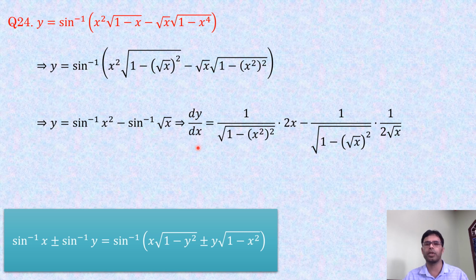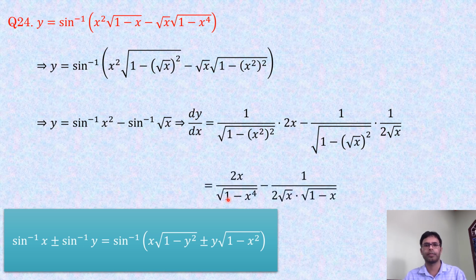Again sine inverse function derivative is 1 by root over 1 minus root x whole square, and derivative of root x you are to write here, it is 1 by 2 root x. Now just simple calculation. So here it is 2x by root over 1 minus x to the power 4, into minus 1 by this 2 root x, and 1 minus root x whole square is simply 1 minus x, and that is the solution for the question.